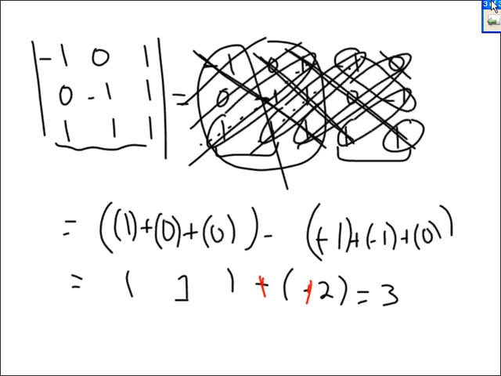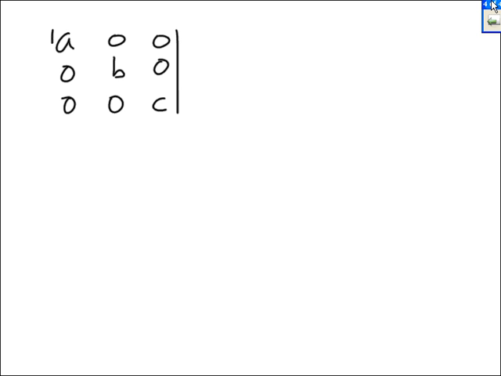Okay. Actually, let's do one more. In fact, we'll just have a little fun here. We'll prove a little theorem. I claim the determinant will just be the product of the numbers on the diagonal.